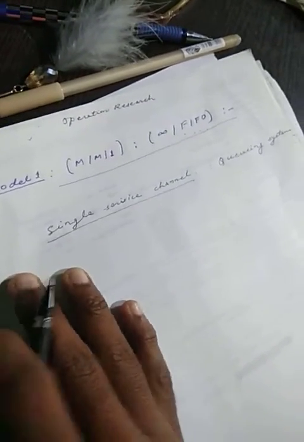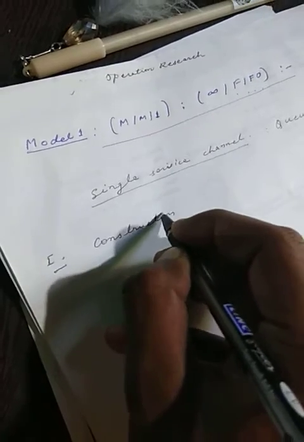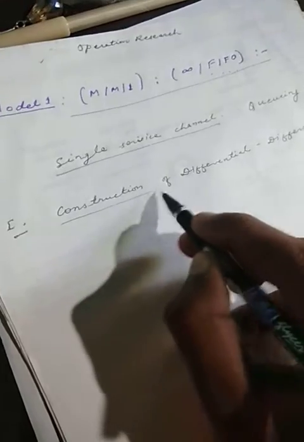So yes, the solution procedure is as follows. The first step I am going to discuss is construction of differential difference equations. The first step for the construction of this model is construction of differential difference equation.